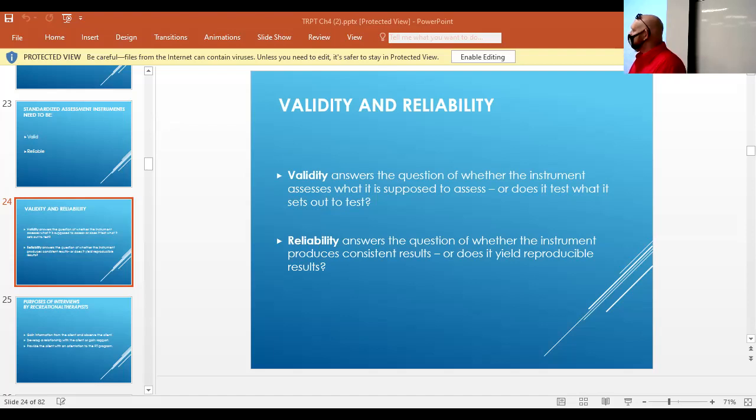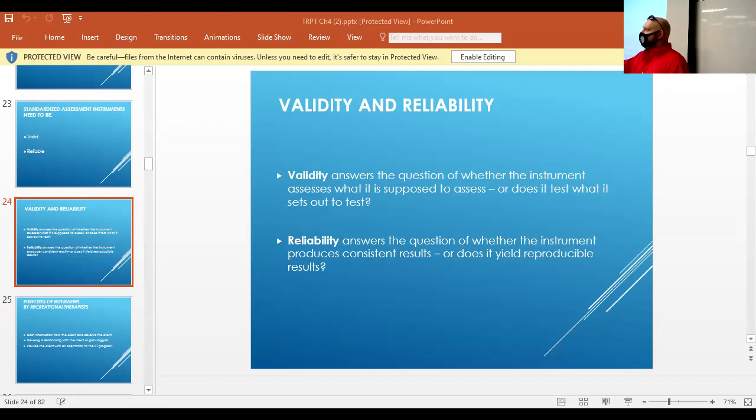What's ADA stand for? Americans with Disabilities Act. ADL, activities of daily living. That's important. That's the type thing you will see in charts. I promise you, you'll see ADL in there.